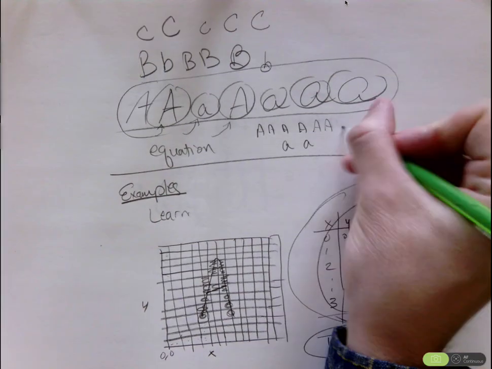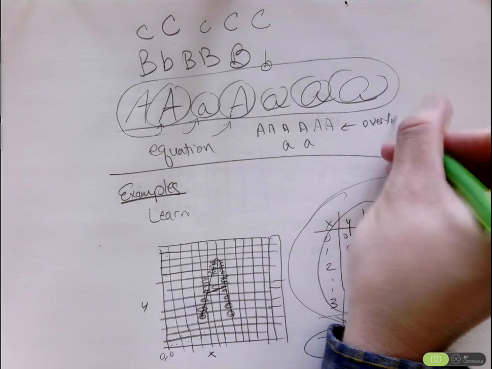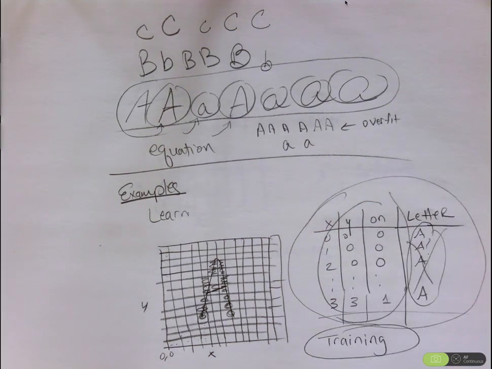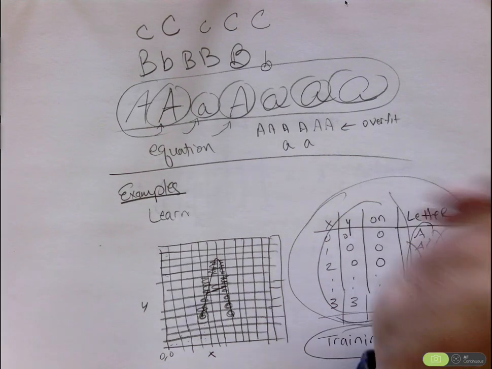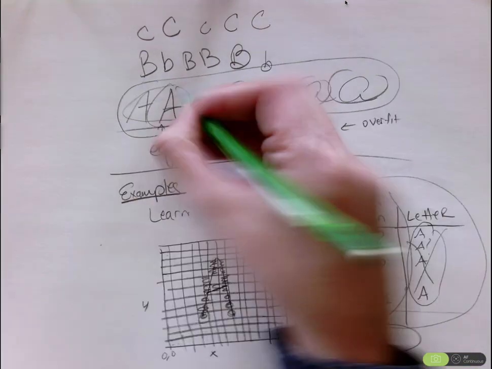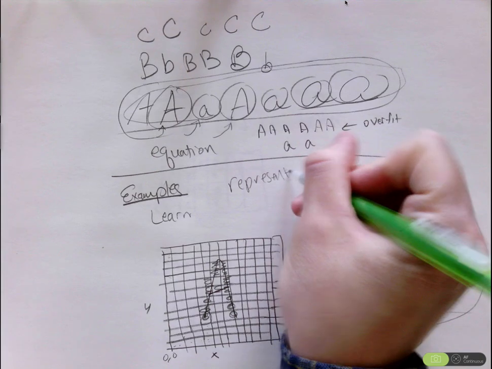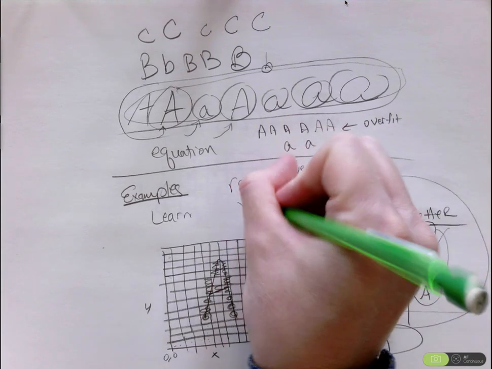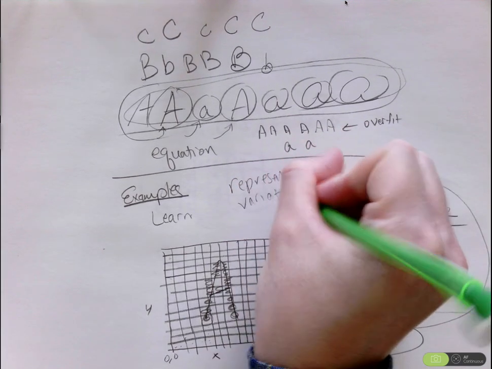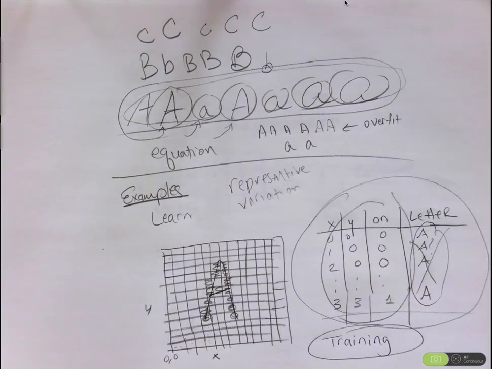This is called overfitting, when you give it too much training data that looks the same and doesn't have enough variation. And so what we want to do is provide representative data that has enough variation that it covers really the population that represents the real world. And so that's machine learning introduction in a nutshell.